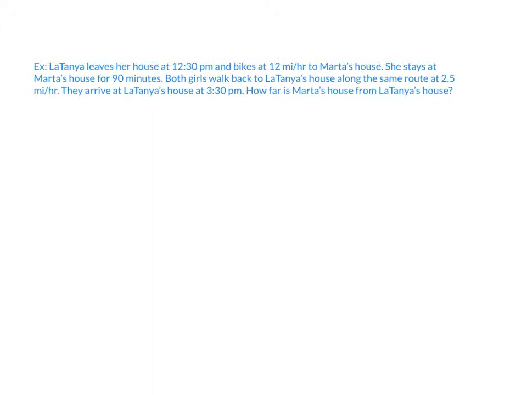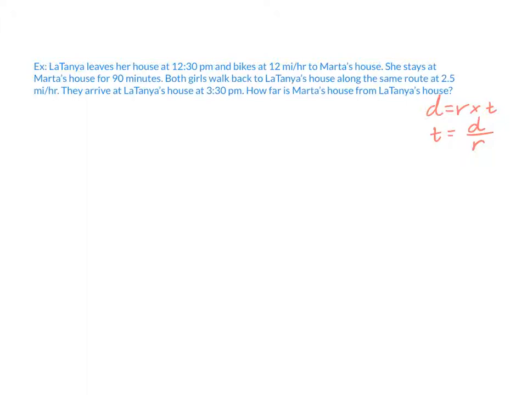So the way we're going to set up the equation for this problem is the same as the last example. We're going to use the distance equals rate times time equation, but we're going to solve it for t because we're given a lot of stuff in terms of time, so it's just easier. So I'm going to divide everything by r, and I get t equals d over r.